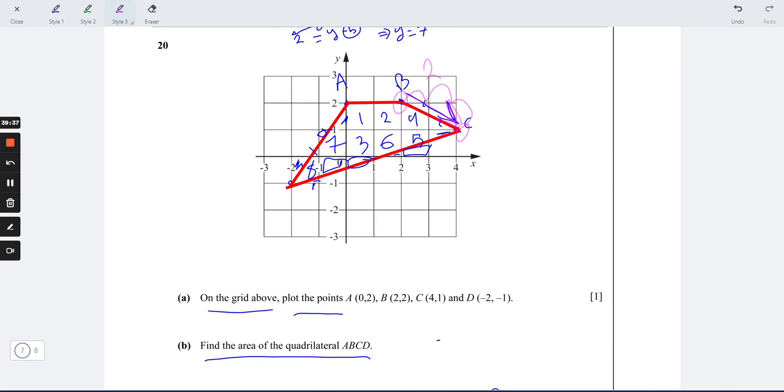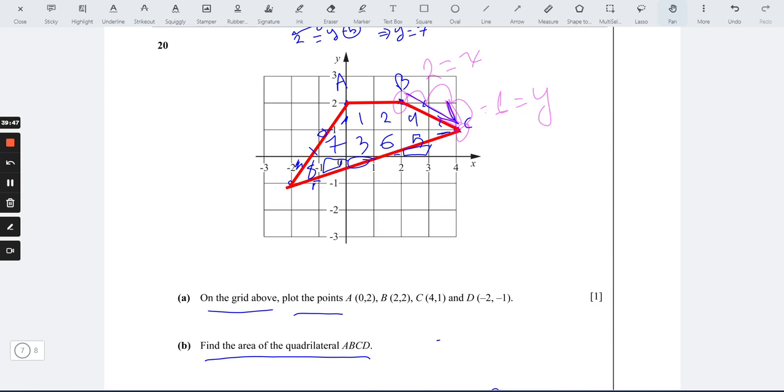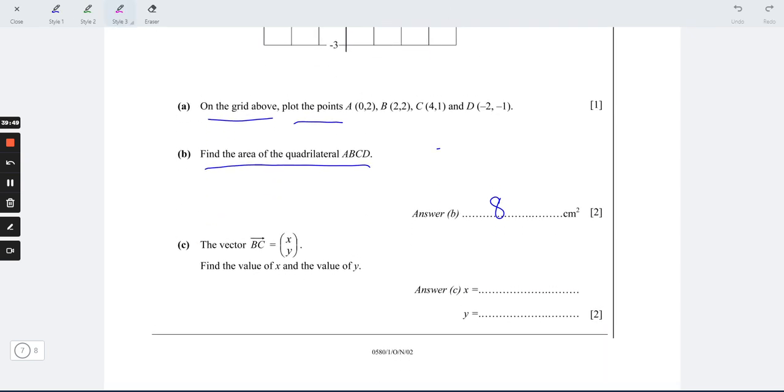To the right means x, and 1 down means y. So x equals 2 and y equals minus 1. You should write them in the space provided. So x equals 2, y equals minus 1.